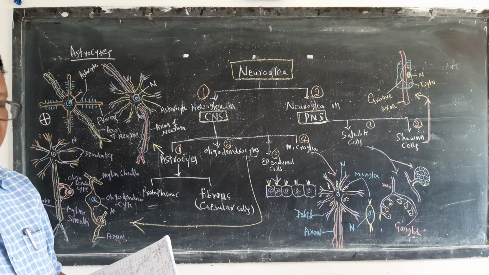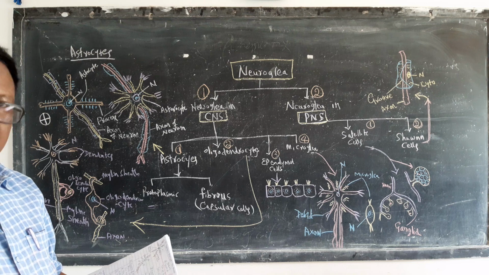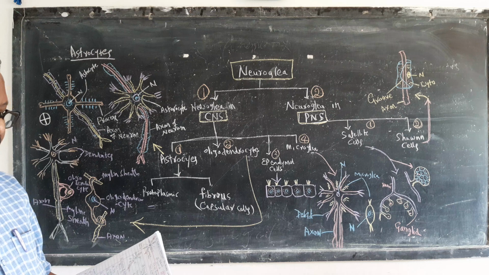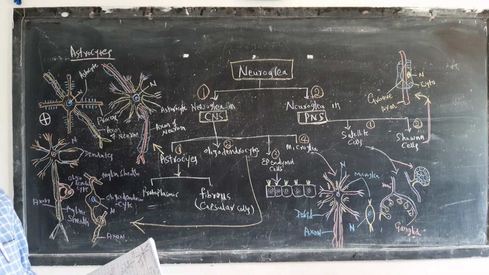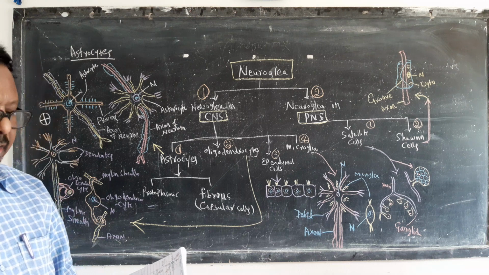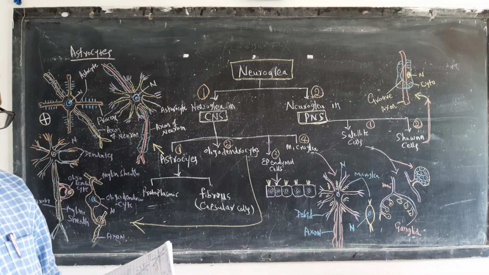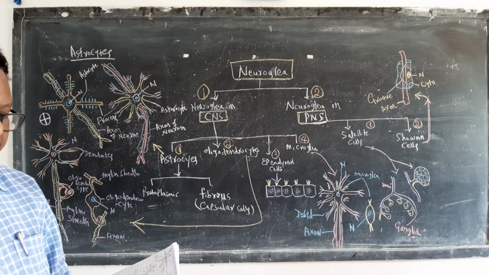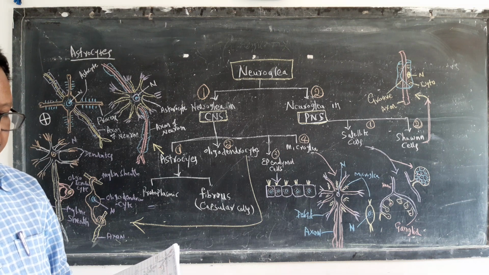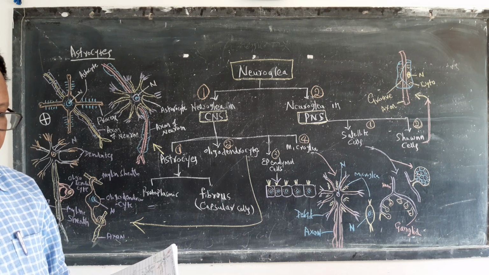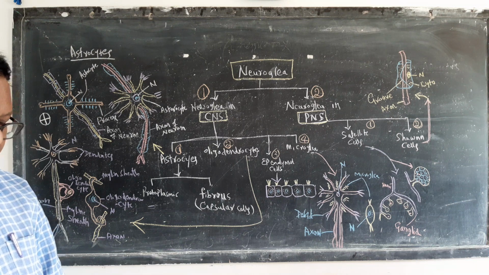The myelin sheath is an insulating covering of the axon. Now the function is, they produce myelin sheath in the central nervous system. They provide overall structural framework to the neuron.